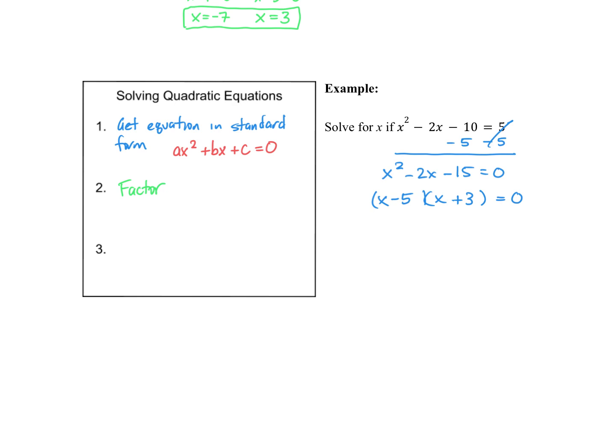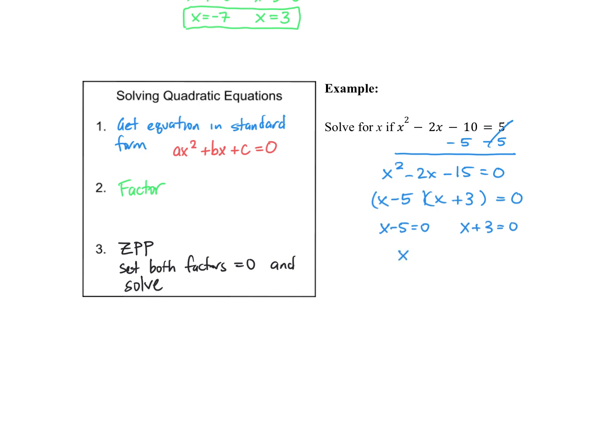And the last step is zero product property, which means set both factors equal to 0 and solve. That's zero product property. So x minus 5 has to equal 0 or x plus 3 has to equal 0. And you solve both of those for x.